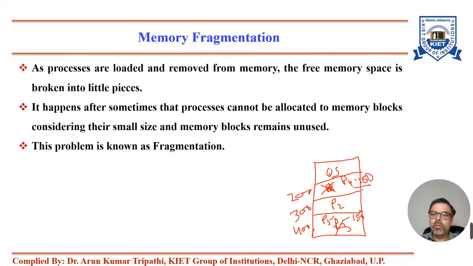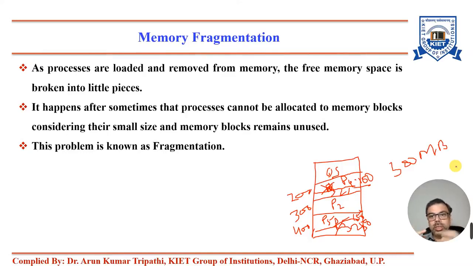So here a hole of 100 MB remains, and here a hole of 250 MB. In total we have 400 MB available, but when a new process arrives that requires 300 MB, we cannot allocate it into memory.